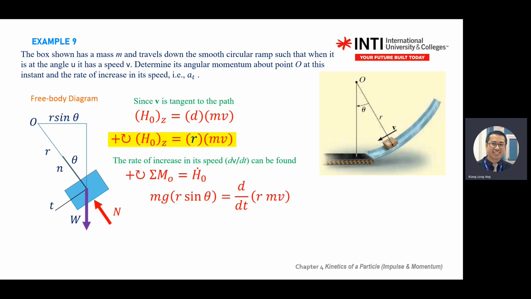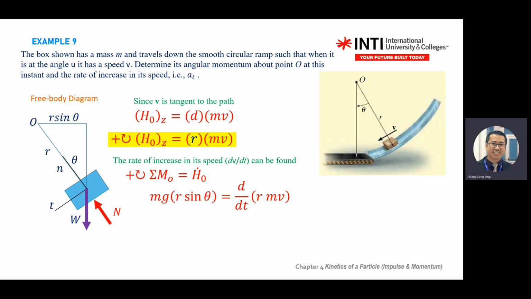Moment is F times d. Here you only have one force, W. You split this into T direction and N direction. T direction will give you moment, but the R direction does not give you moment because the distance is 0.